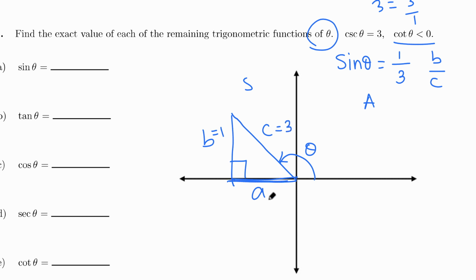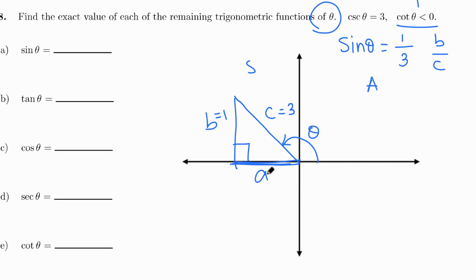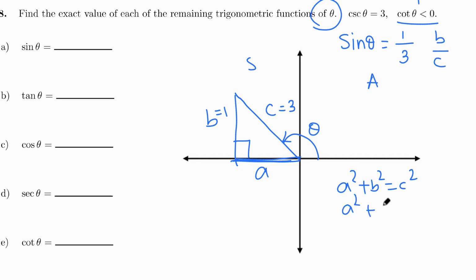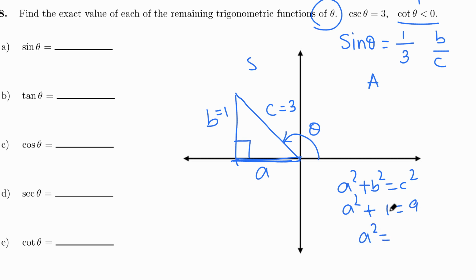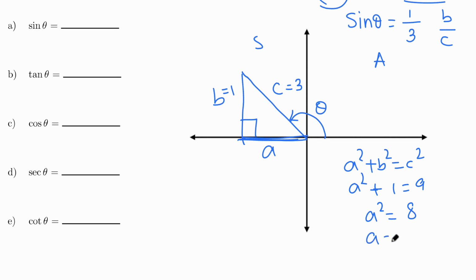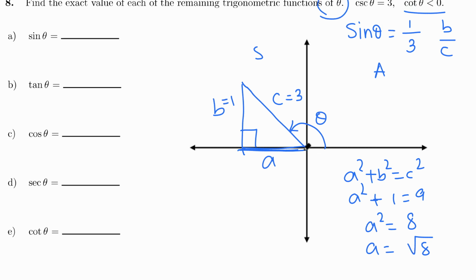Now a is missing, and we can determine it: a squared plus b squared equals c squared. a is unknown, a squared plus 1 squared, which is 1, equals 3 squared, 9. Subtract 1, so 9 minus 1 is 8. Take the square root, so a is plus or minus square root of 8. This a is in this direction, the origin is to the right, so that means negative.